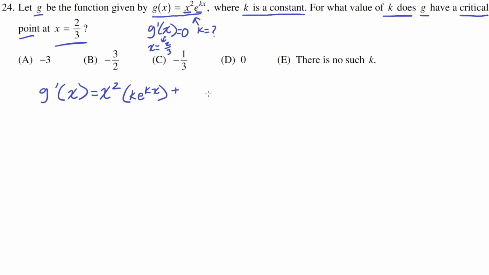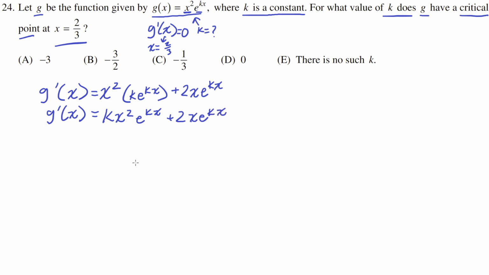And then we have to add to that the derivative of x squared, which is 2x, multiplied with e to the kx. So that's the power rule and product rule for finding the derivative. We can simplify this a little. g prime of x just equals kx squared e to the kx plus 2 times x e to the kx.